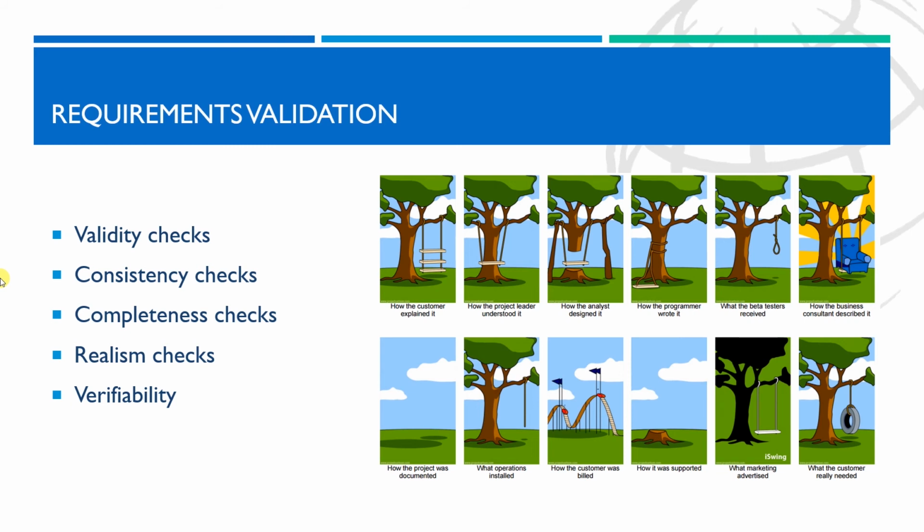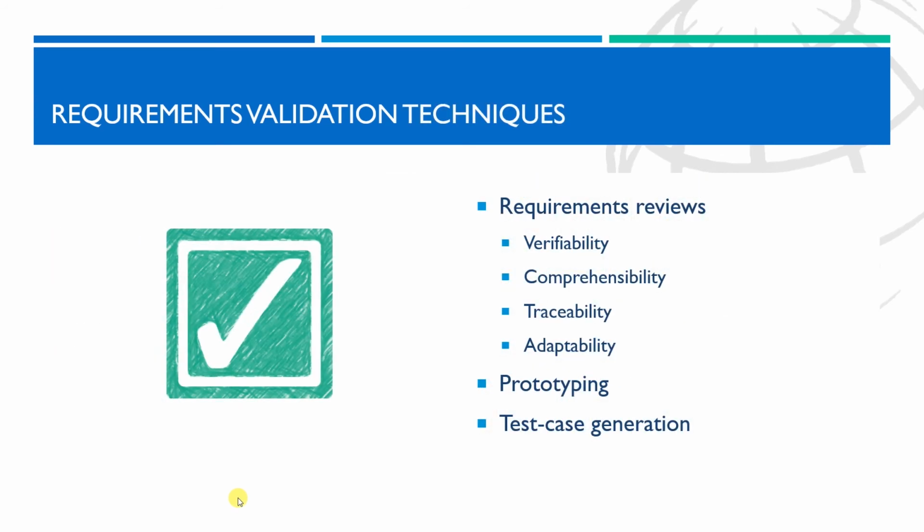because if not, we can construct something different from what they are expecting. And we have a number of requirements validation techniques that can be used individually or in conjunction with one another. The first one is the requirements reviews. The requirements are analyzed systematically by a team of reviewers who check for errors and inconsistencies.